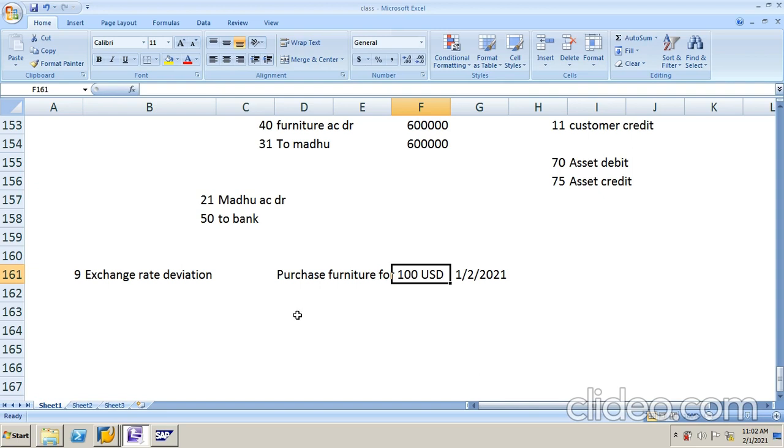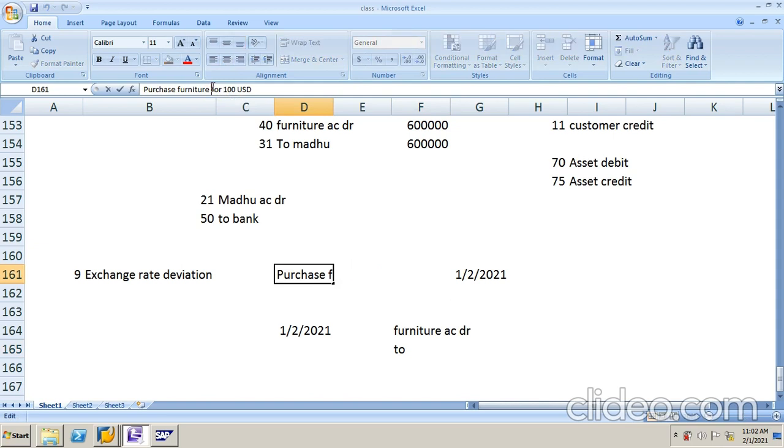Today we are recording this invoice. How do we record it? Furniture account Dr to Venki.